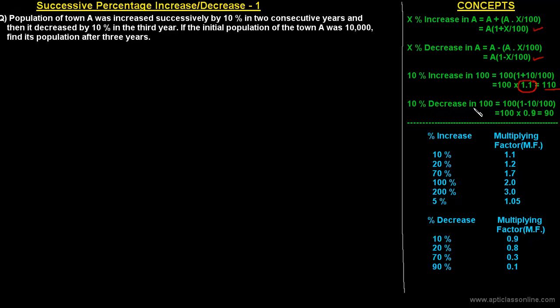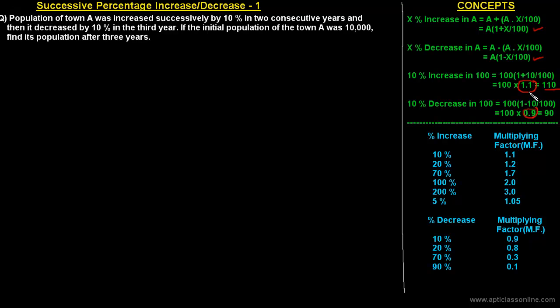If there is 10% decrease in 100, then apply this formula, 100 into 1 minus 10 by 100. So 100 has been multiplied by 0.9 and the final value is 90. So what we have seen here is that if there is 10% decrease in 100, that means the initial value, which is 100, has to be multiplied with 0.9.